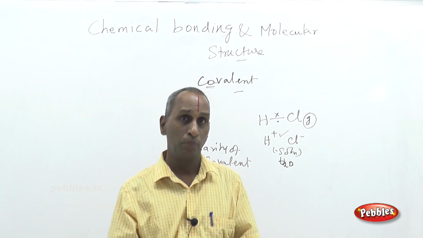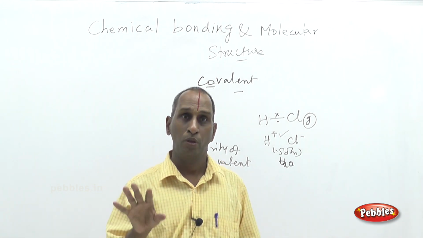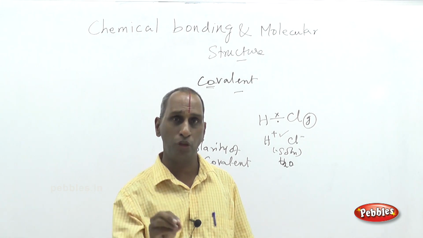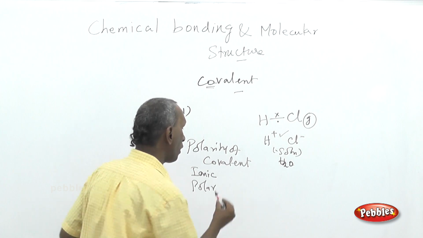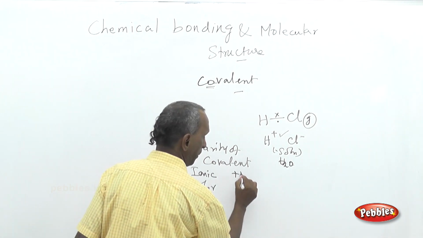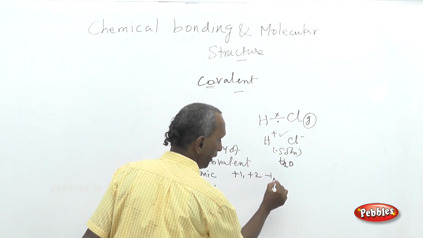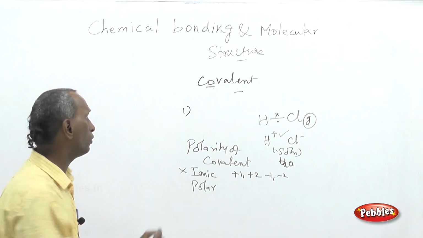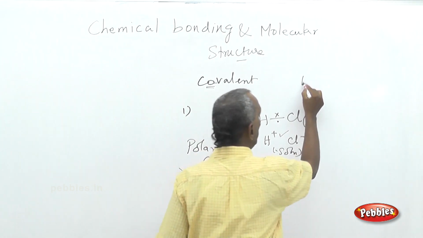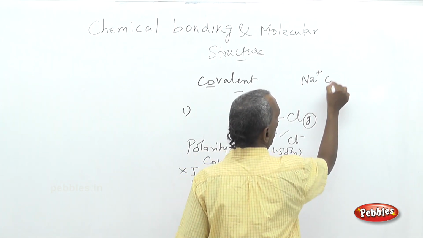Both involve charges. Polar compounds also involve charges, and ionic compounds also involve charges. But in ionic compounds, the charge is integral, +1, +2 or -1, -2, whatever be the case. There is no fractional charge in the case of an ionic compound. Take sodium chloride, Na plus Cl minus.